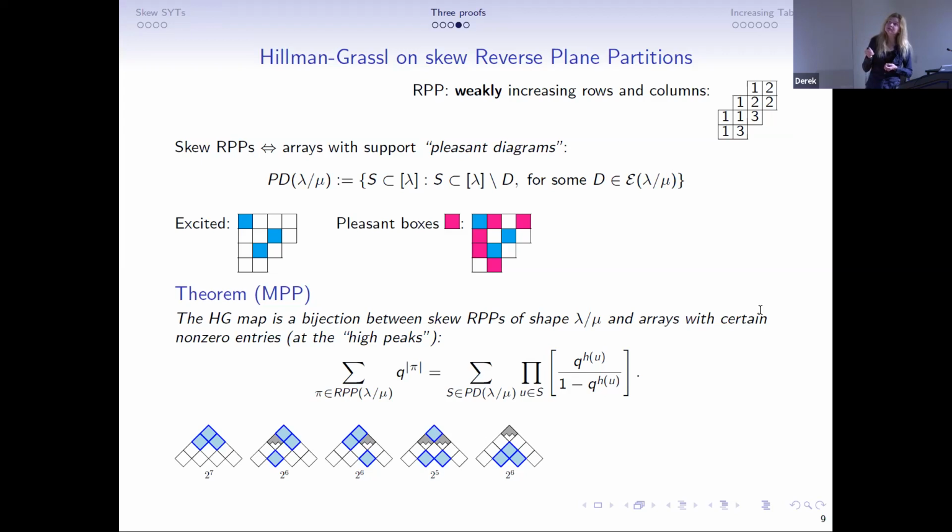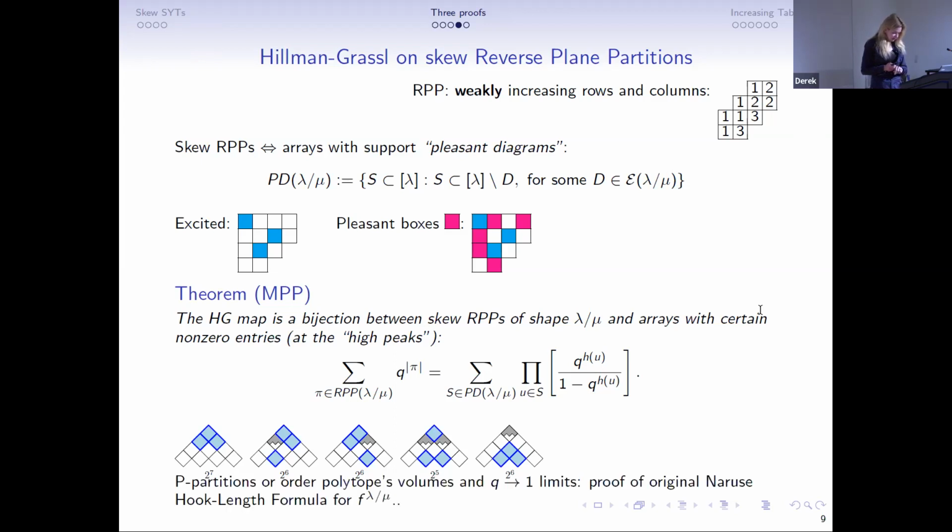So the red or magenta boxes here in this diagram, and we sum over all these types of fillings, and for each one of them we have this product formula. So this would be the non-zero entries really of our array. And this is only proved by this bijection.